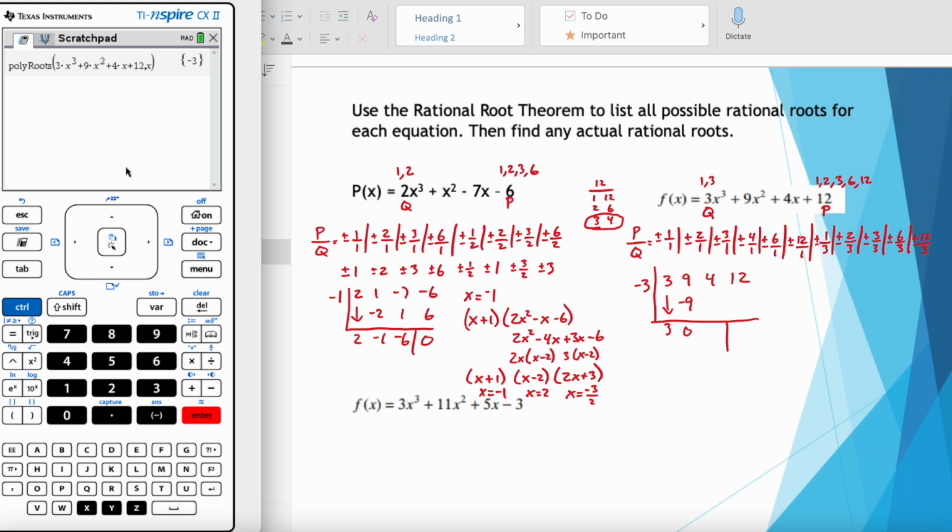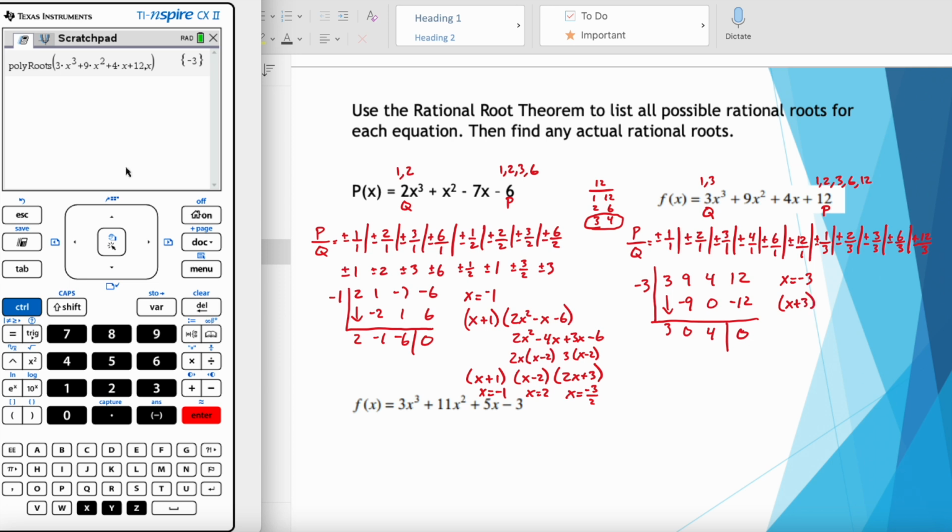Times negative 3 would be 0, 4, negative 12, and 0. So in this case, it is accurate. Yes, negative 3 is a factor. So we know that x is equal to negative 3, and our first factor would be x plus 3.